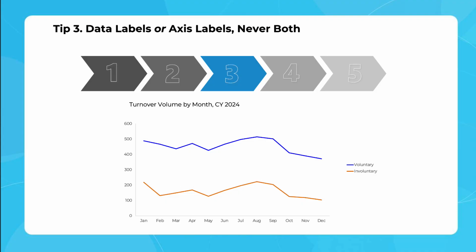So we'll show an example of both. Here is what it looks like with the axis labels. And then here is what it looks like with the data labels. Again, this is my preference, but I think it just depends on who your audience is and what their preferences are.